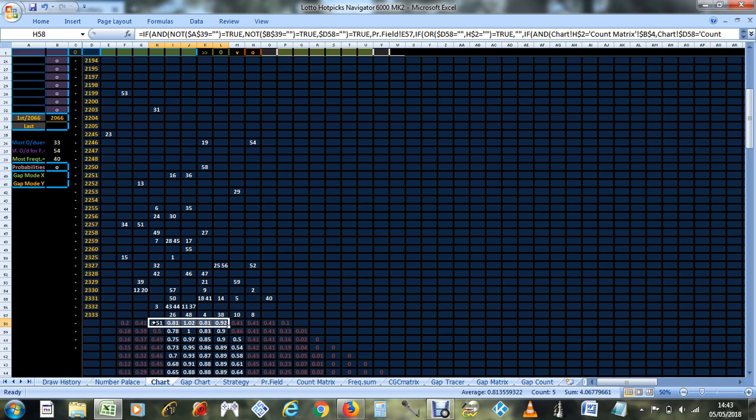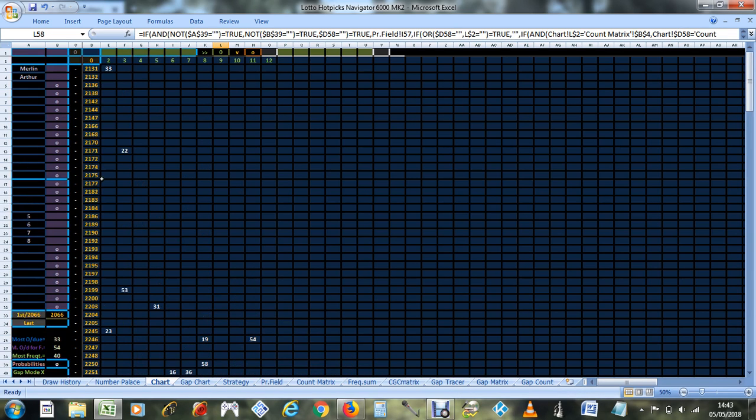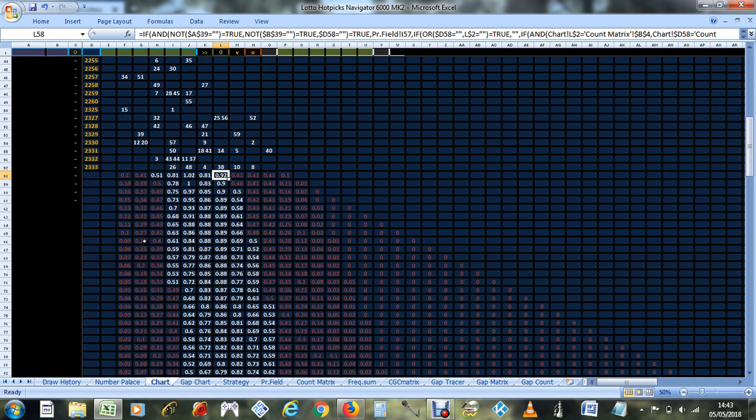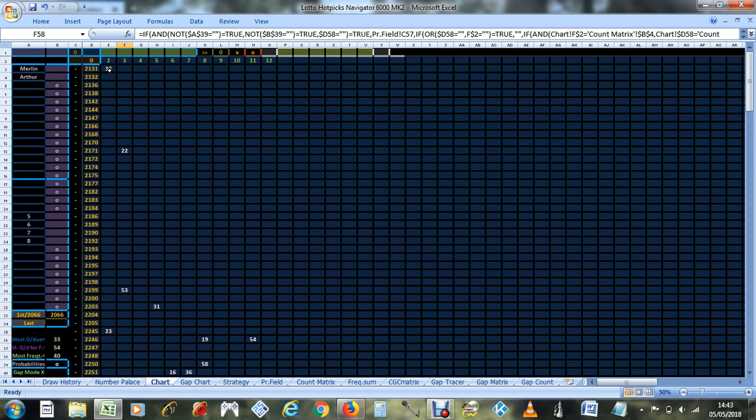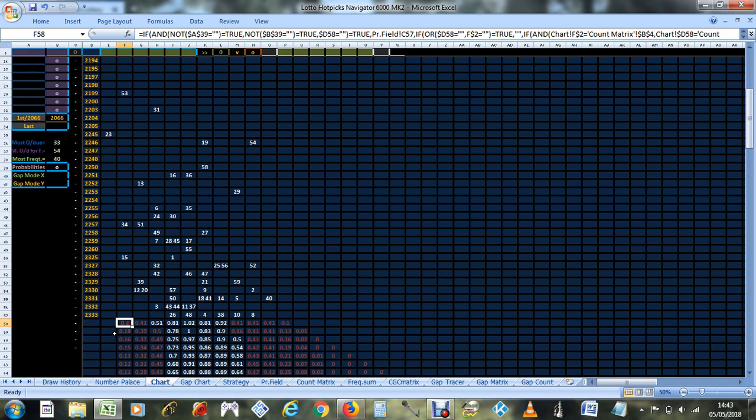So there's more combinations that fit that configuration than any other for this chart. So if 33 does come out, there's a 20% chance one of the numbers from this column will be ending up in that square.